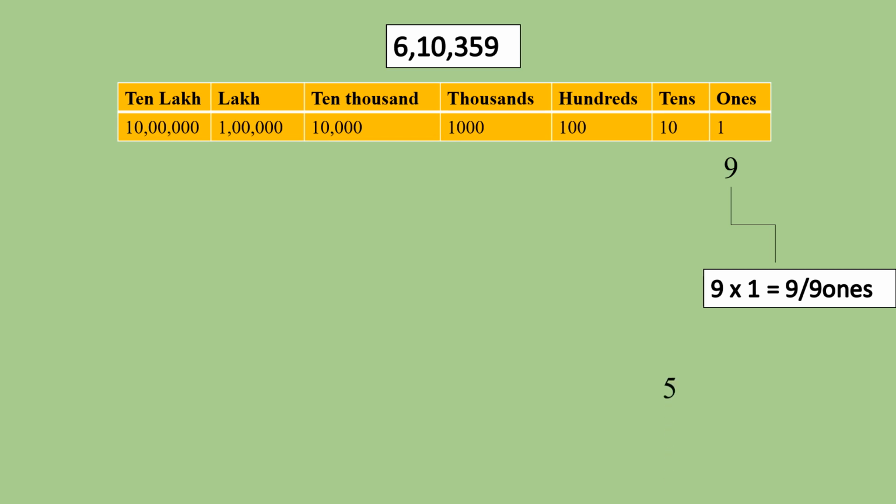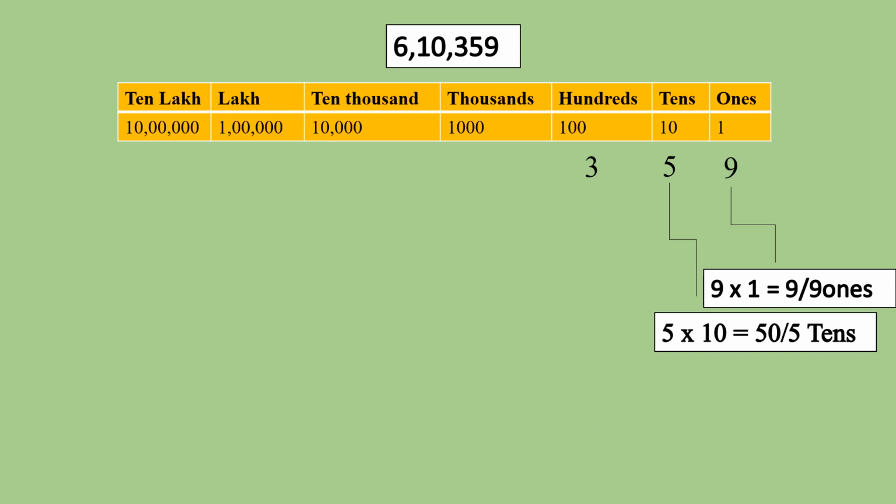The next digit is 5. The place value of 5 is 5 multiplied by 10 is equal to 50. That is 5 tens in words.